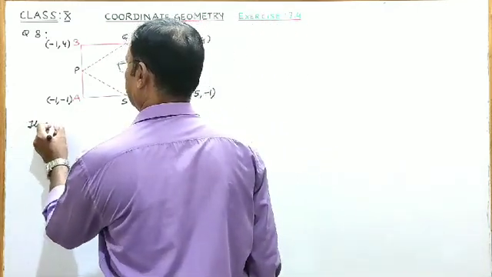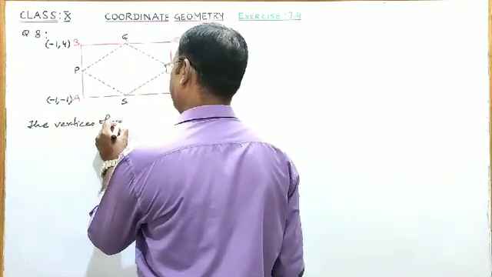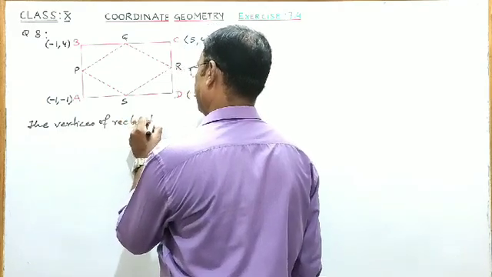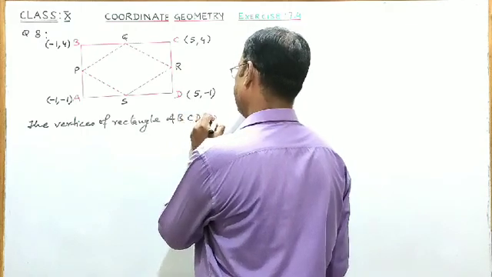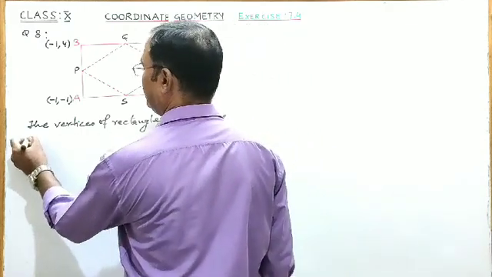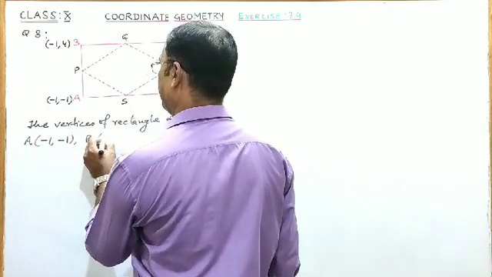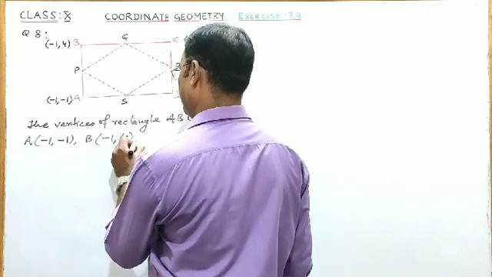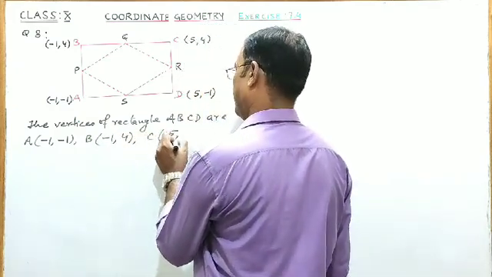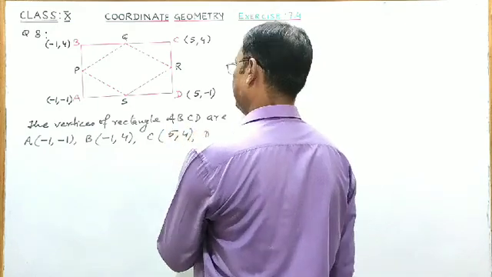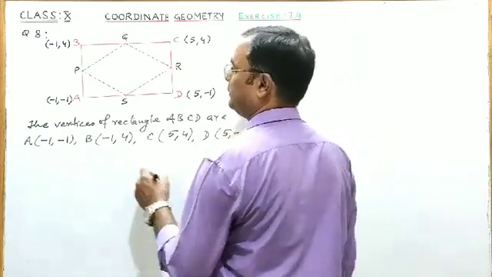The vertices of rectangle ABCD are A (-1, -1), B (-1, 4), C (5, 4) and D (5, -1).